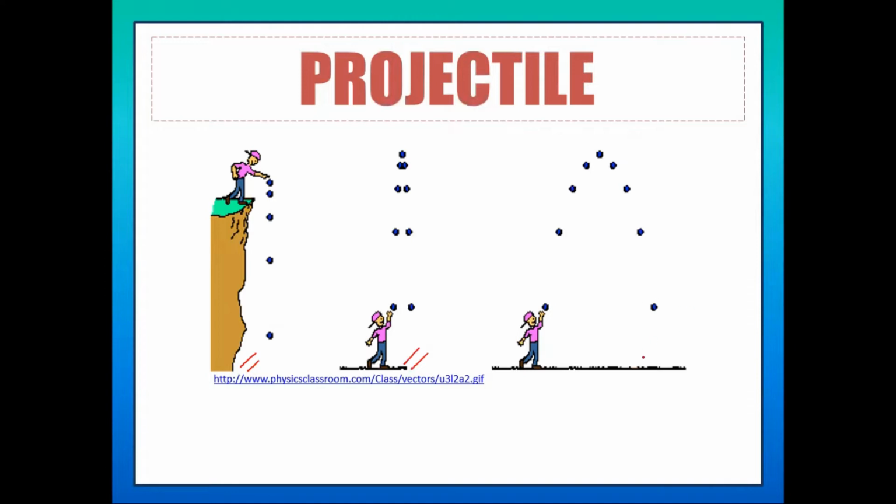And an object which is thrown upward at an angle to the horizontal is also a projectile. Remember that the influence of air resistance is negligible or neglected for all of the stated examples.